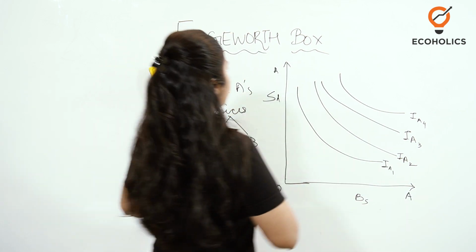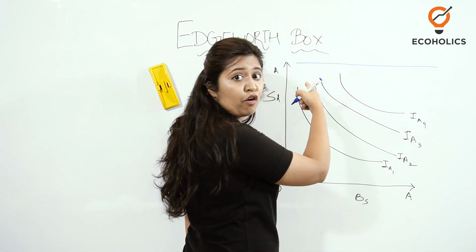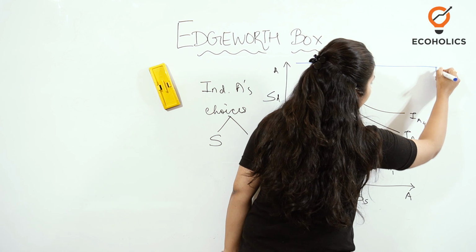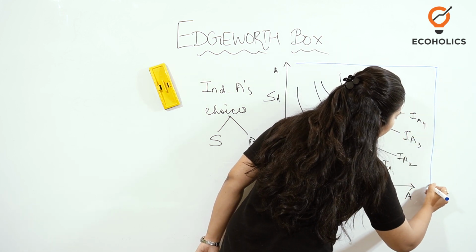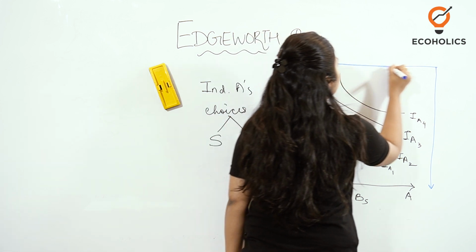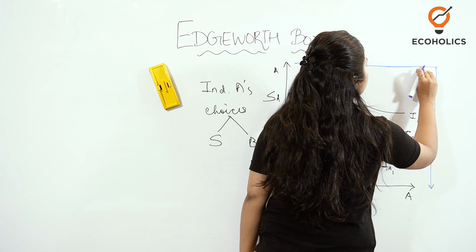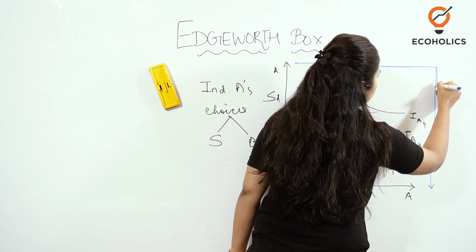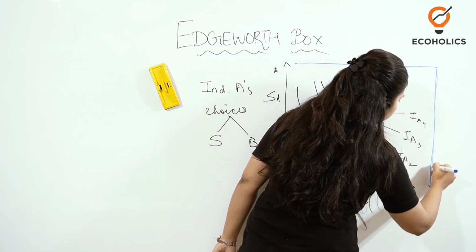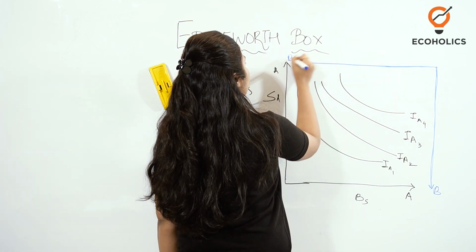Next we have the x-axis of B and the y-axis of B. I'm going to darken this a little bit so that it is easier to understand. This is B and B over here.